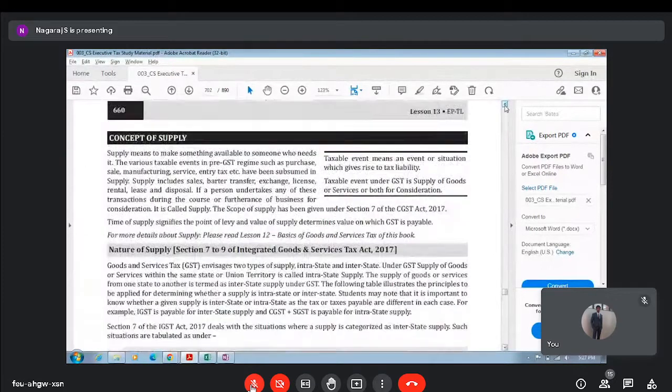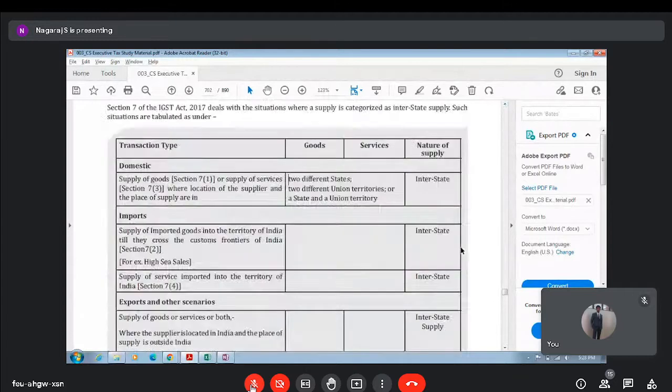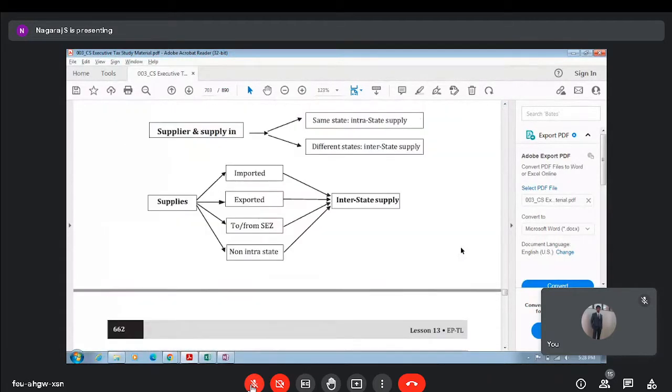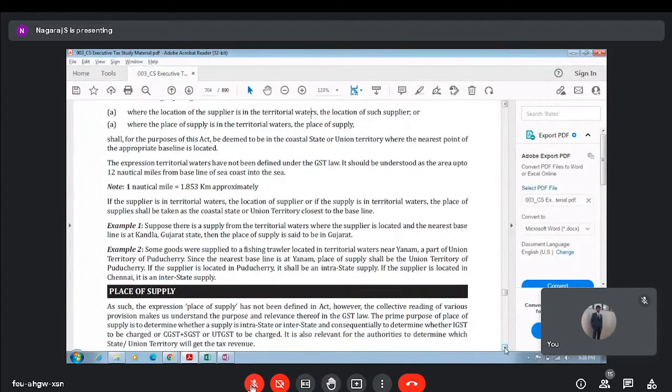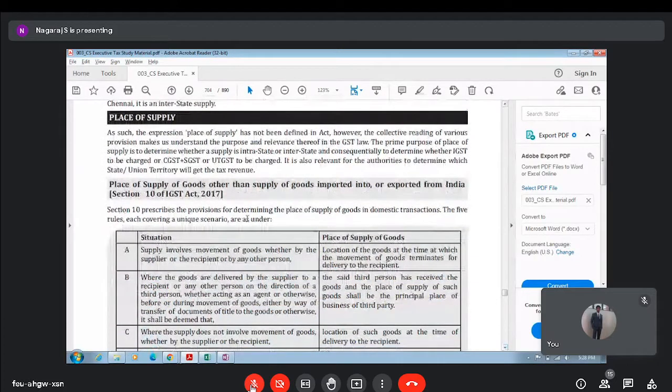Section 10, 11, 12, 13. Total 4 sections.